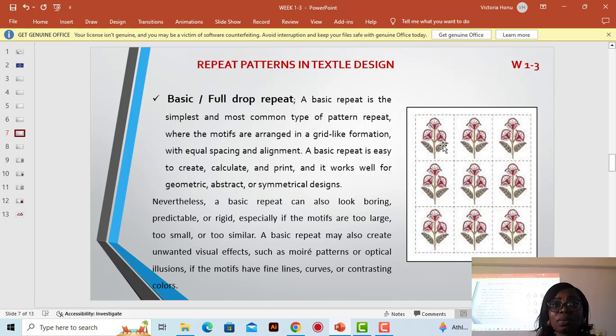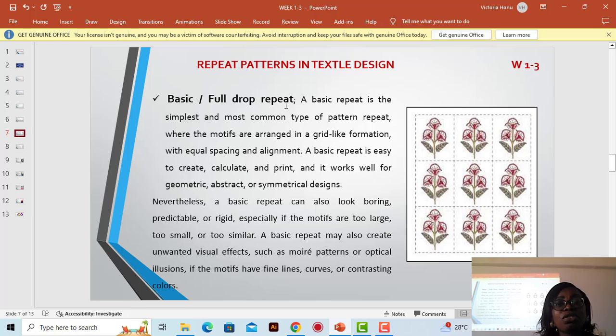Please get that one. And we have different ways of repeating patterns. If you pick any fabric or any cloth and you look at it, you'll be able to determine which pattern repeat was used by the designer. The one we are seeing here right now is full drop repeat or basic drop repeat.